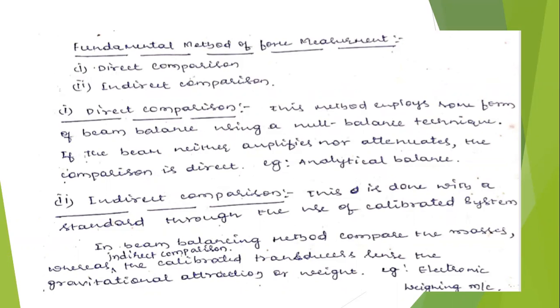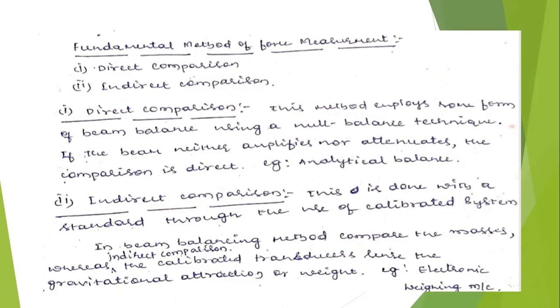You have already used it in the chemistry lab, and you might also have seen it in the grocery shop or provision shop. That is nothing but a beam balance. All of you have seen in the vegetable market, they use two pans connected to a beam. That is a beam balance method.